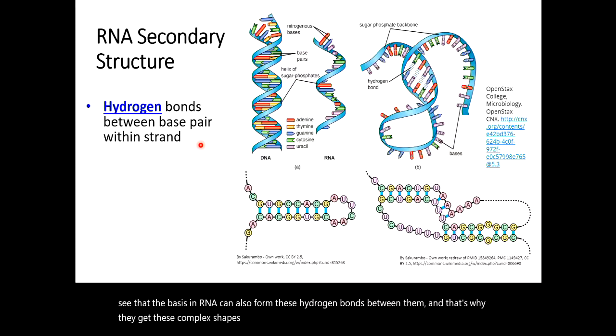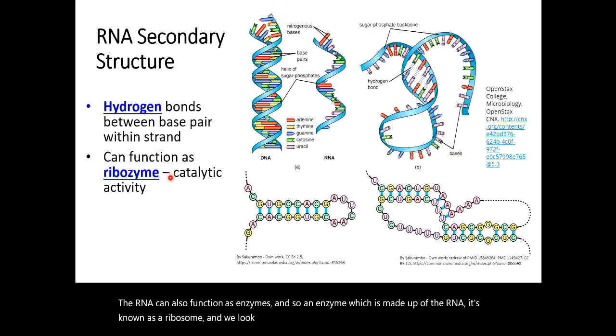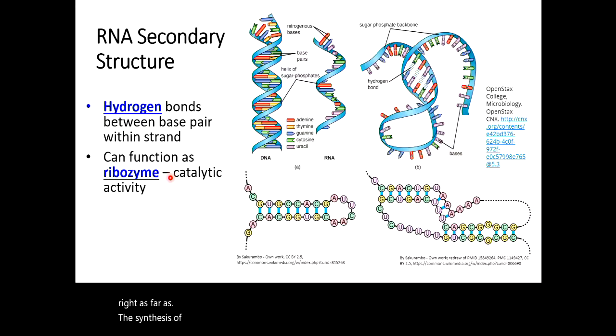Now, one of the functional importance of these complex shapes is that the RNA can also function as enzymes, and so an enzyme which is made up of the RNA is known as a ribozyme. We look at two specific examples of how these ribozymes are involved as far as the synthesis of proteins is concerned.